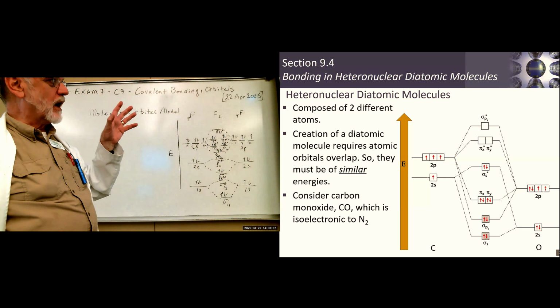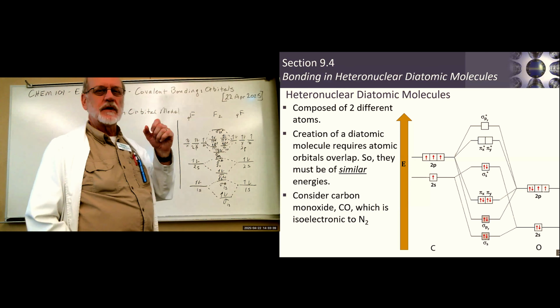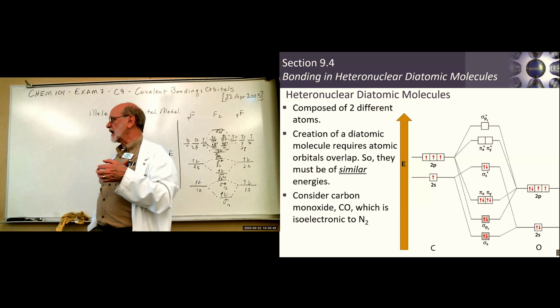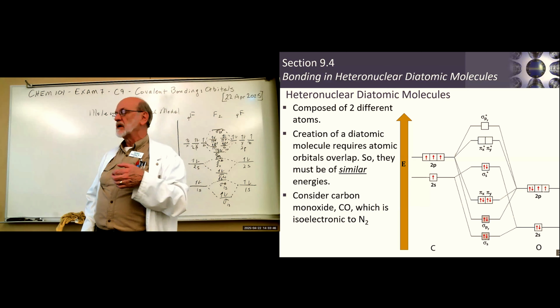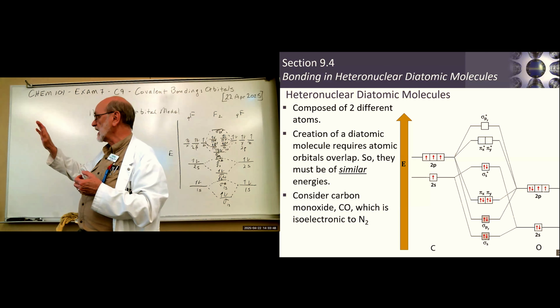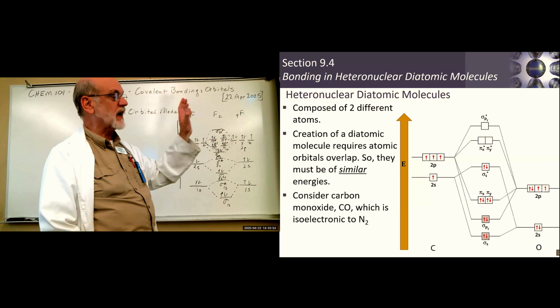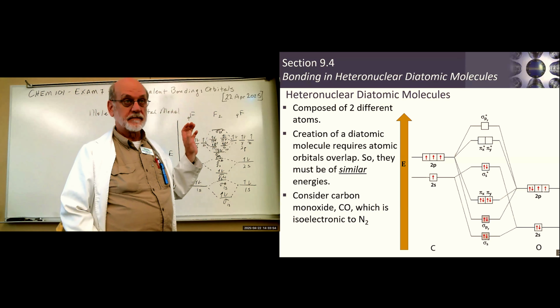But what we also see is, and we've discussed this before in terms of electronegativities, we should expect that bond to be slightly polar because carbon is to the left of oxygen. Oxygen is more electronegative, so the electron should spend a little more time close to the oxygen, right?